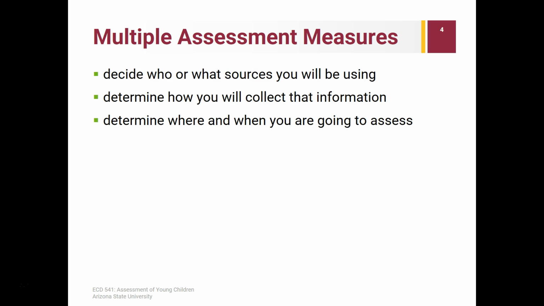Again, this will vary based on the information you need to gather for a valid assessment of the student. However, information can be obtained as part of the regular routine of your classroom and therefore facilitate your assessment efforts. Finally, you need to determine where and when you are going to assess. Determining appropriate context will help ensure that you are gathering appropriate information.